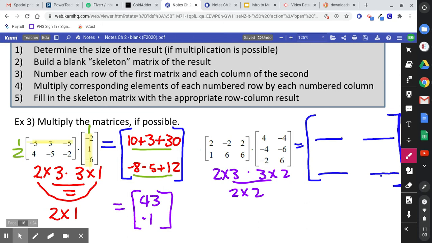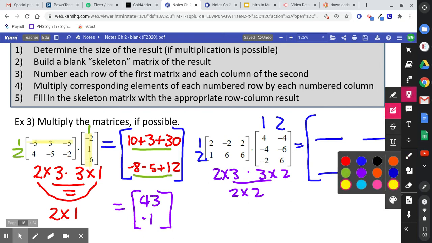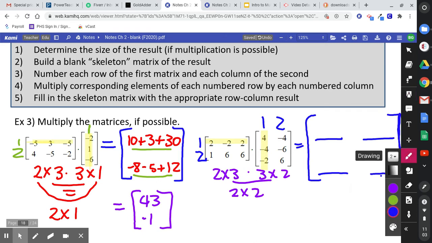And I'm going to multiply each of these 2 rows by each of these 2 columns. Okay, remember rows before columns, right? We're going to multiply a row times a column. So again, I thought it really helped to just lightly draw a little line through the first row and the first column. It helped me to stay organized.